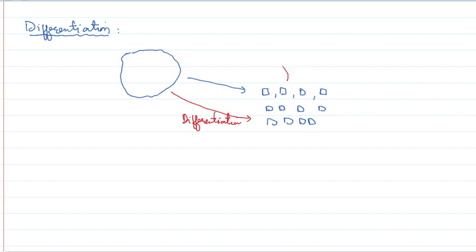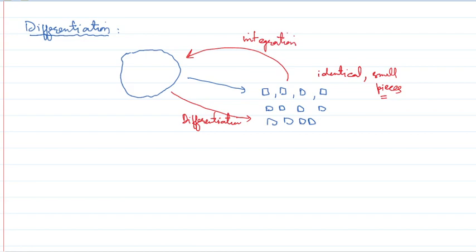Now the reverse, when you join these identical, important is identical, small pieces or parts or quantities, whatever may be the case, this will be simply integration. Okay, keep this in mind.